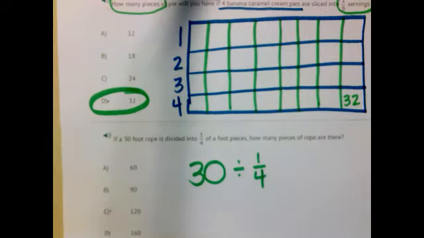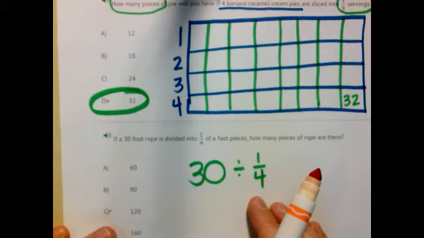Well, here's where you might want to use a little bit of just some logic here. Because you know that in 1 foot, you're going to have 4 pieces. So if I have 30 feet of rope, how many 1/4 sections can I change that into?